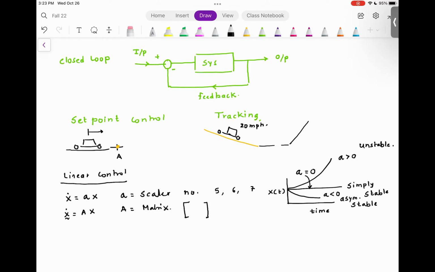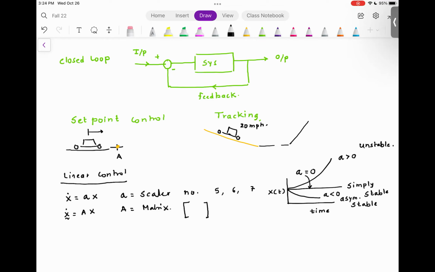Everyone understood this? Now, the same thing happens in the case of the matrix system. The only difference here is you are going to use your PID or pole placement to change the eigenvalues of the A matrix. Everyone understood this?